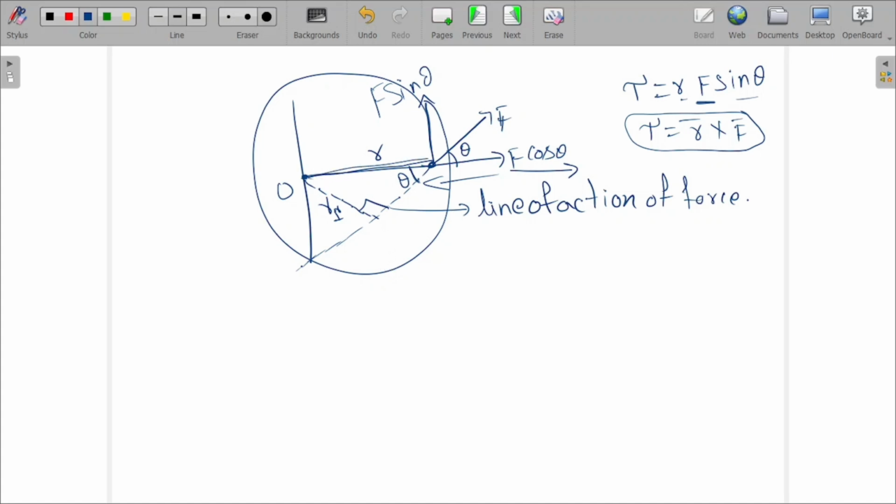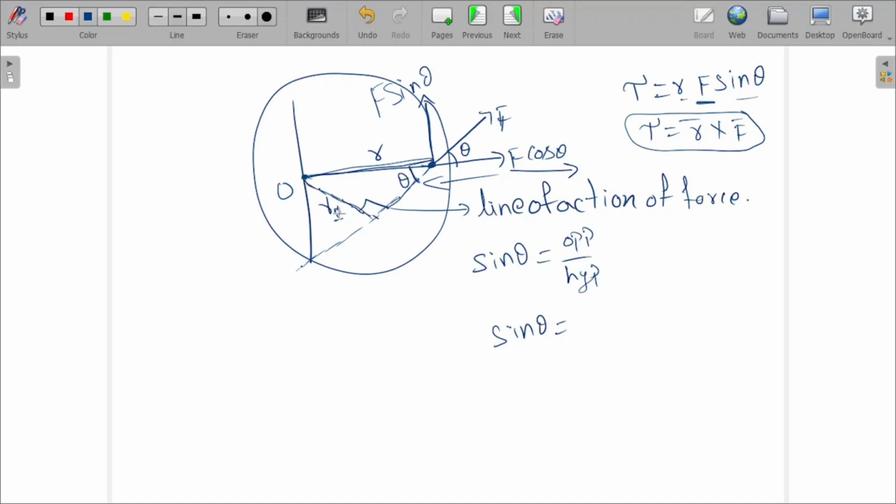How do we find this distance? I want to find the perpendicular distance. Sine theta equals opposite side by hypotenuse.